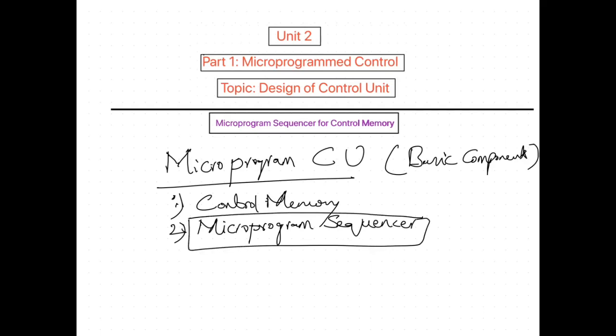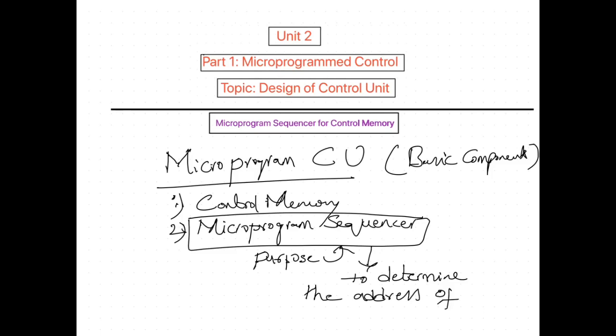Now what is the purpose of this microprogram sequencer? The purpose is to determine the address, very important, the address of the micro instruction.